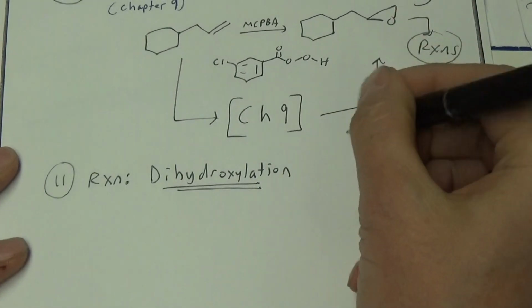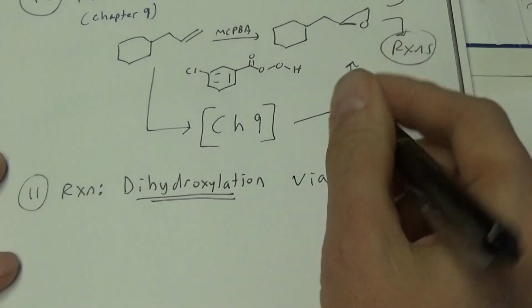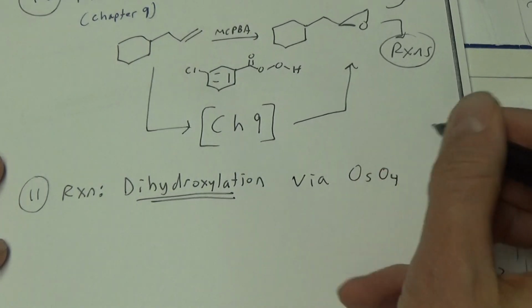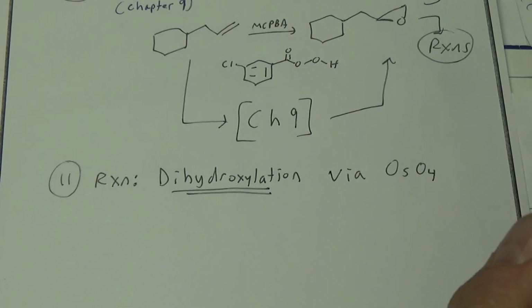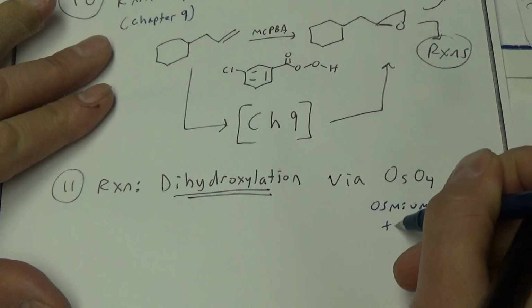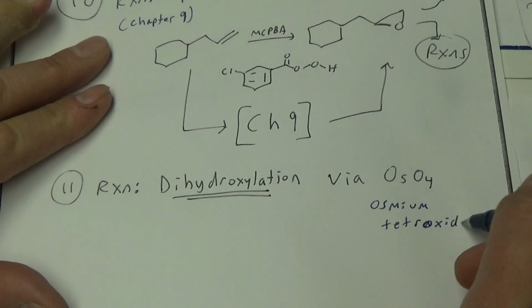It uses another heavy metal oxidizing agent called OsO4. What's the metal Os? It's on your periodic table. It's osmium. Osmium tetroxide.